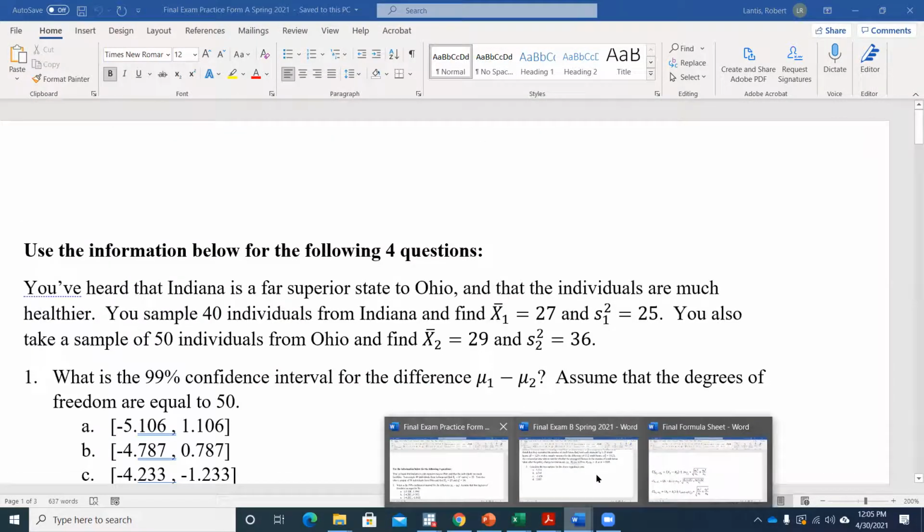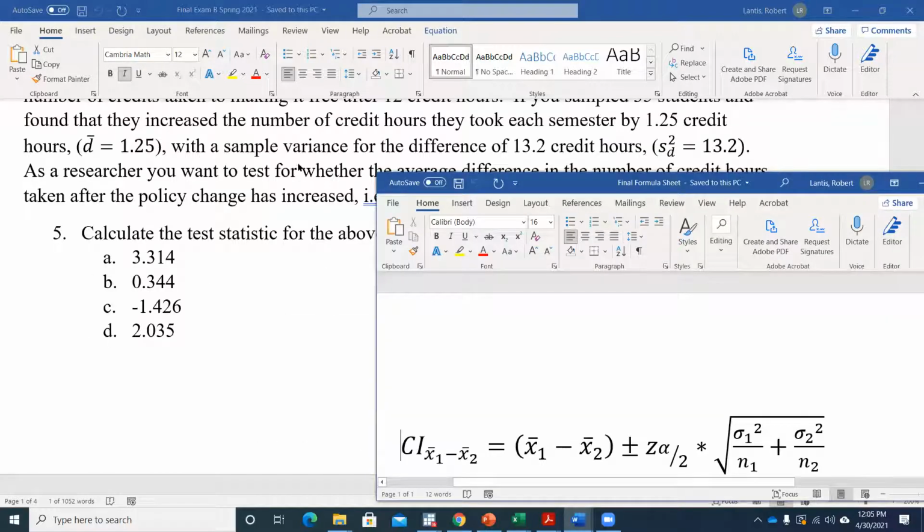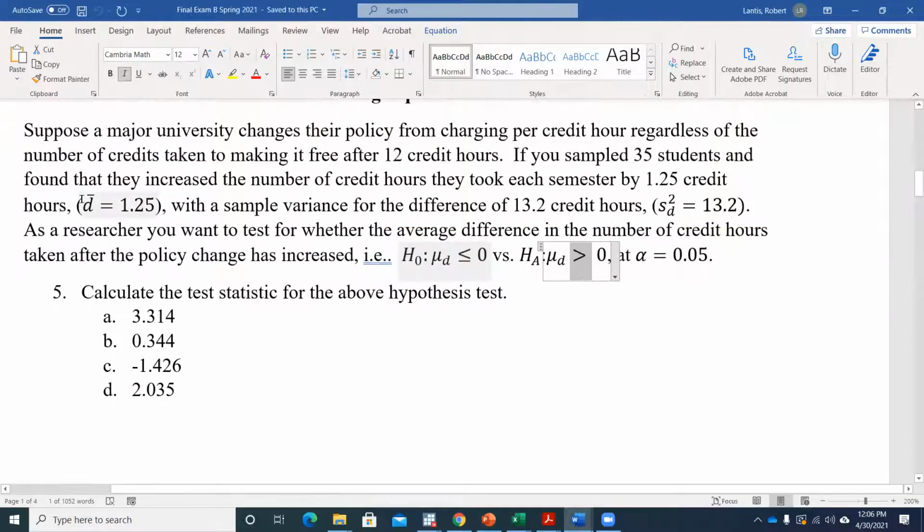If we go to our formula sheet, this is one of those where sometimes I hear people saying it's difficult to figure out which formulas to use. If nothing else, just try to match the notation. Here I'm telling you this is a sample difference, and I found a variance for this difference variable.